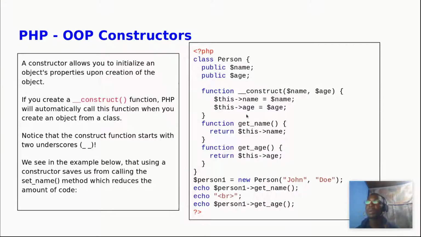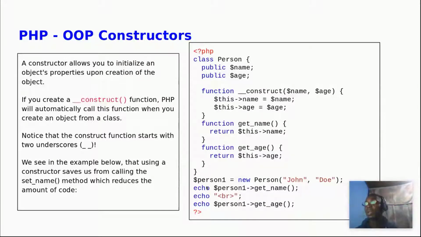When we are talking about OOP or object-oriented programming, we no longer talk about functions, we talk about methods. So in this class, we no longer define the methods to set the name and to set the age. We just define a constructor that will take in the age and the name at once.